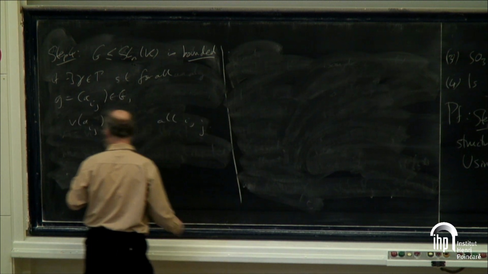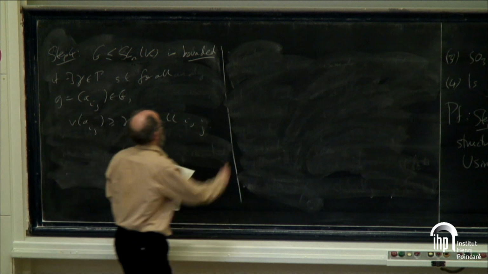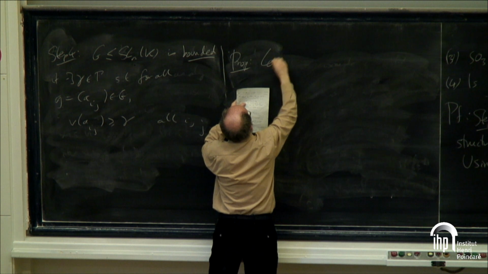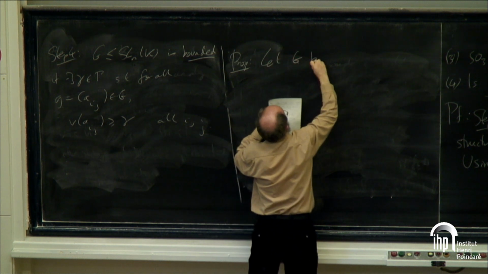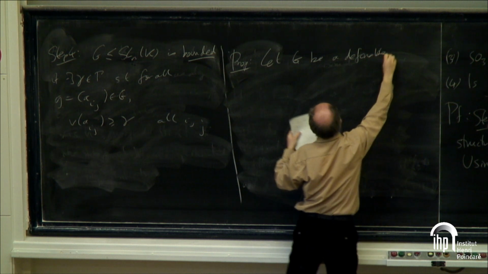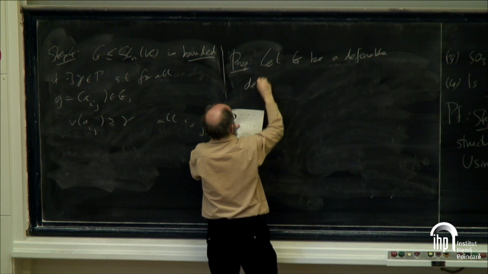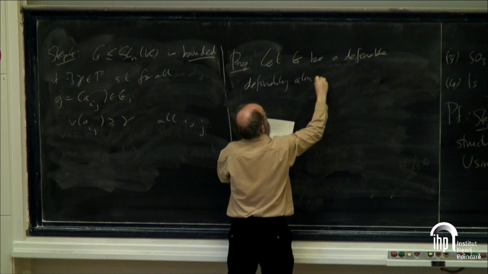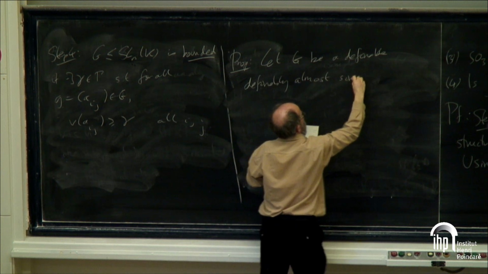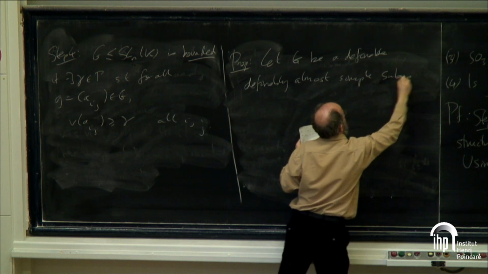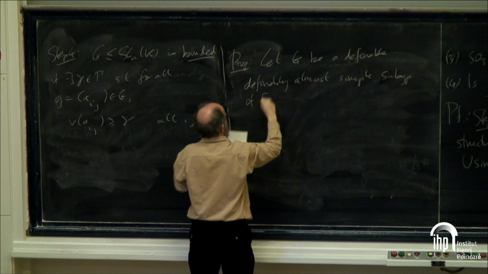Okay, so then the proposition is: let G be a definably almost simple subgroup of SL_N(K).